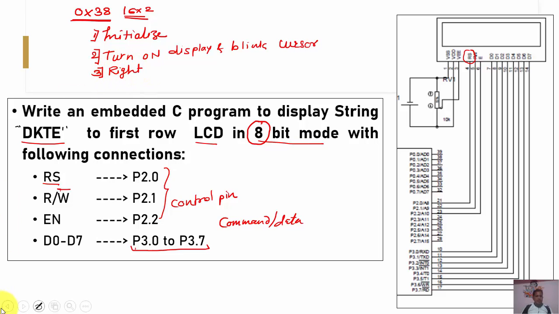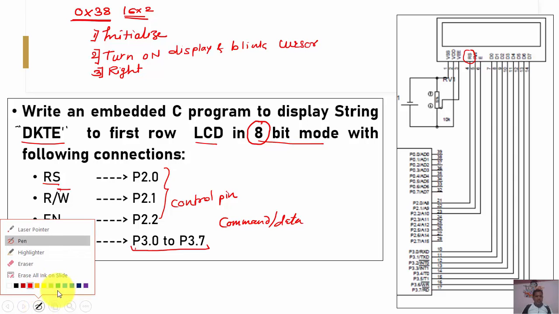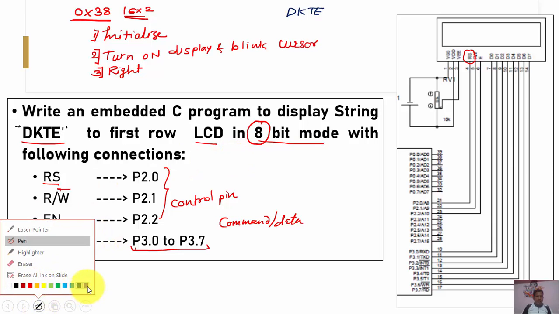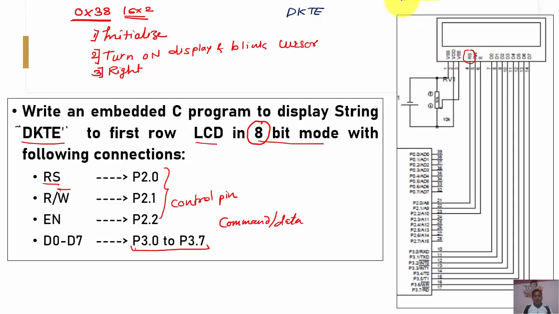Suppose, as discussed, we are supposed to display DKTE. We are going to start from D and end the operation at E.